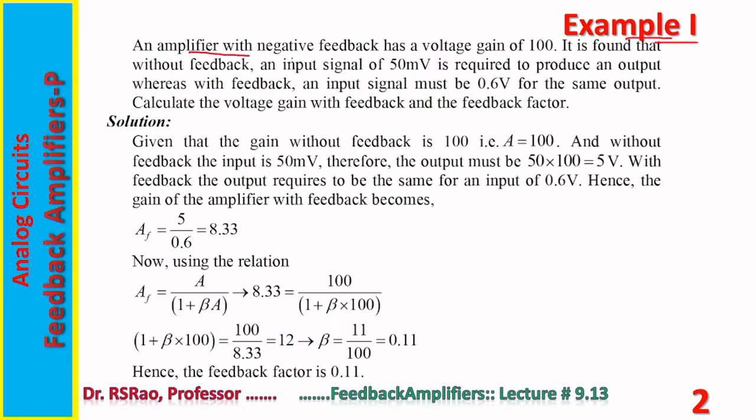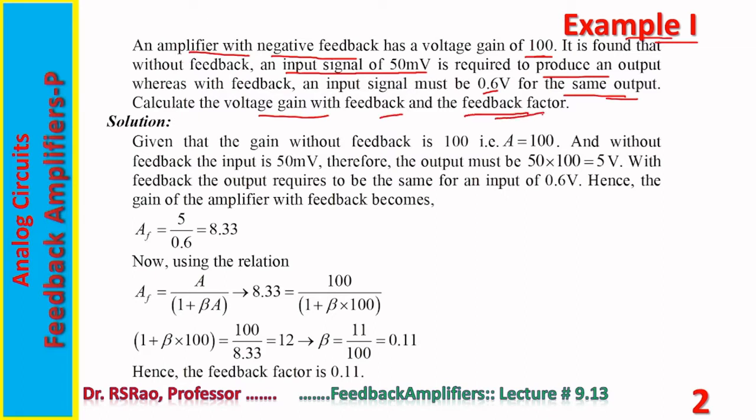An amplifier with negative feedback has a voltage gain of 100. It is found that without feedback, an input signal of 50 millivolts is required to produce an output, whereas with feedback, an input signal required is 0.6 volts for the same output. Calculate the voltage gain with feedback and also the feedback factor.